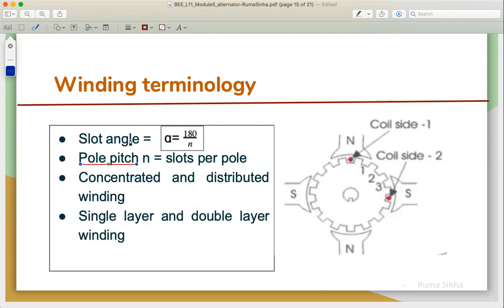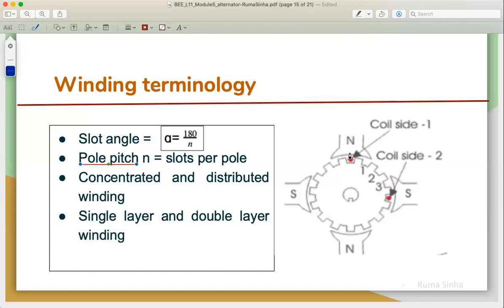What is a slot angle? Slot angle is the electrical angle made by two adjacent slots. So from this slot to this slot, what is the angle? That angle expressed as electrical angle is called slot angle. As we know, from one pole to the next pole, the electrical angle is 180 degrees, whatever be the number of poles.